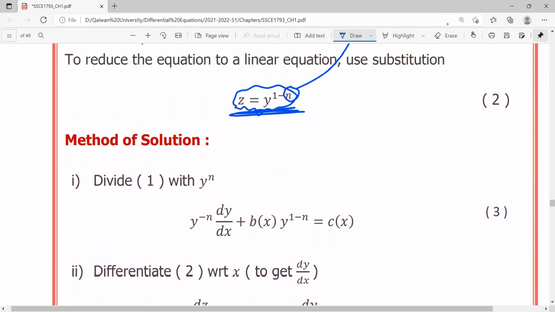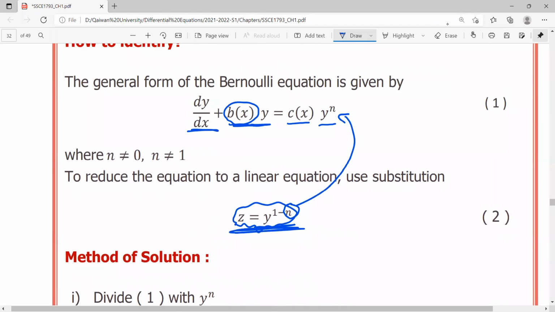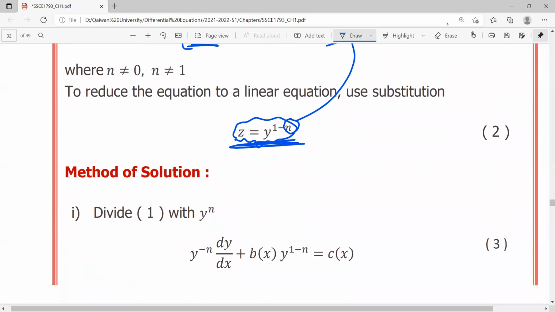First we divide both sides of this equation by y to the power n to get only a function of x on the right-hand side. We must have no y on the right-hand side.